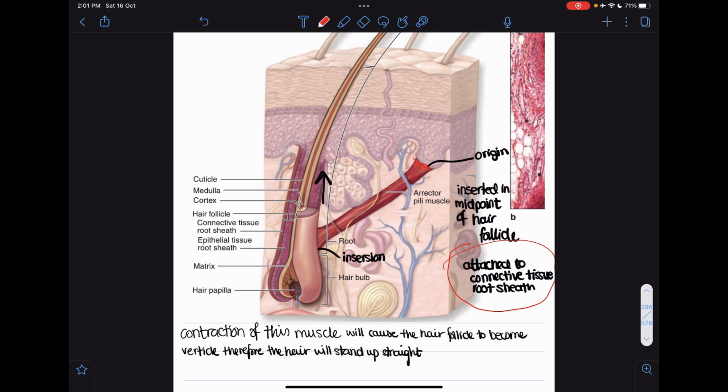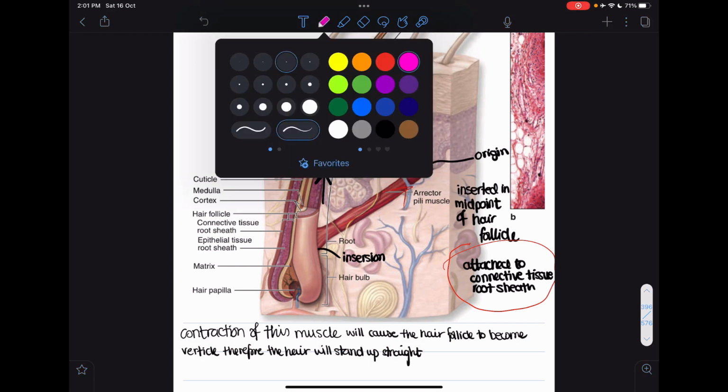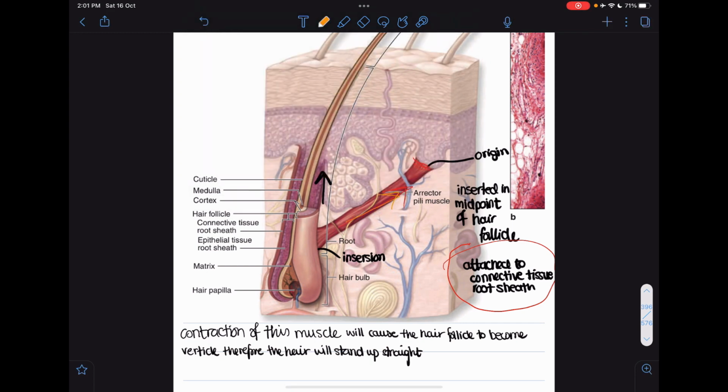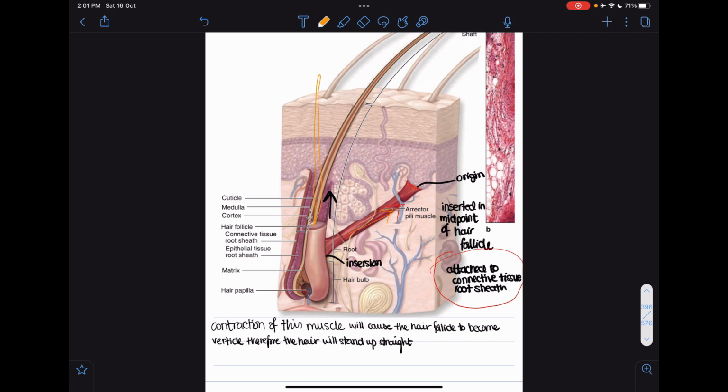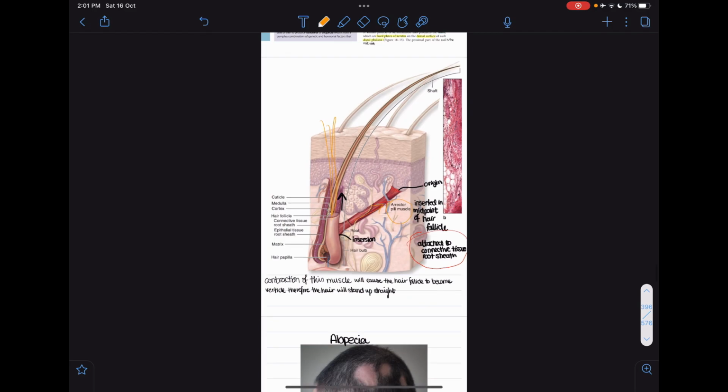Meaning if this contracts, if the area between insertion and origin shrinks, for example this becomes this small. Okay, the hair will stand up straight instead of being slanted like we see. Contraction of the erector pili muscle will cause the hair to stand up straight rather than slanted.